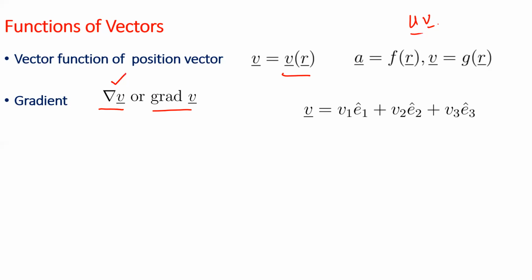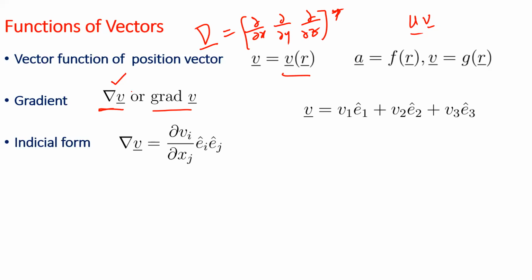Now grad, this del operator, is nothing but a vector, dou by dou x, dou by dou y, dou by dou z transpose. So this is also a vector, a column vector, rather a column matrix. Okay, so this is a dyadic product between del vector and the vector V. So a gradient of a vector leads to a tensor.